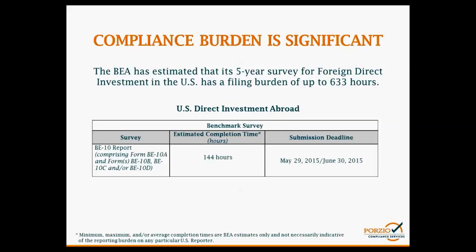And then moving on, we have the BE 15, which is the annual survey for foreign direct investment, and then the BE 12, which is the 5-year benchmark survey, again, similar to the 10, a highly complex form, difficult to fill out, requiring a high level of attention to detail and a very careful quality control process, which is part of what we offer at Porzio Compliance Services to make sure the reports you do file comply with the statute and the regulations.